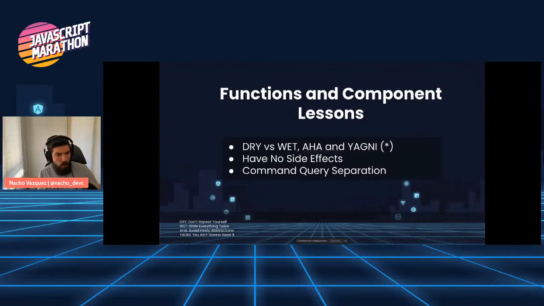But there are other ways of applying that. The container and presentational component is a very good pattern, and I use it a lot. But with React, we can also use other patterns like extracting all this into custom hooks. These hooks are the ones that are going to do the command part, the modification of the state, and the component per se is only going to worry about presenting.